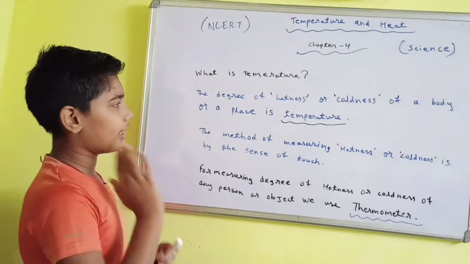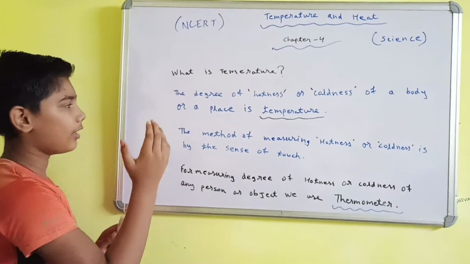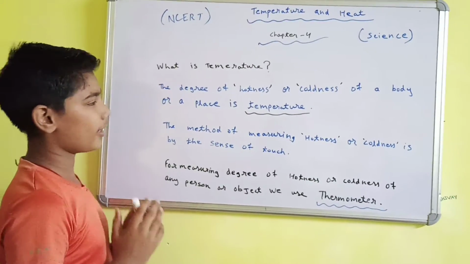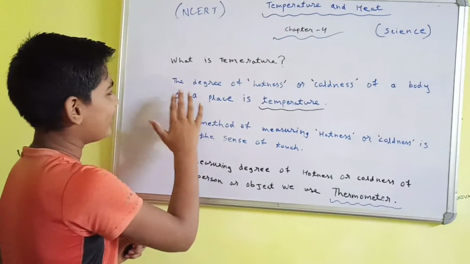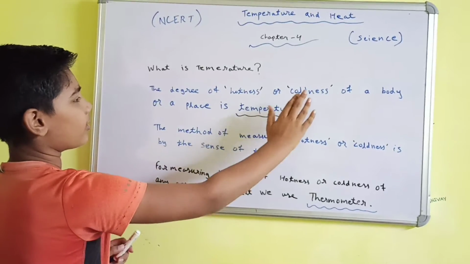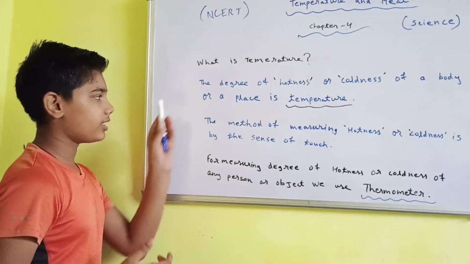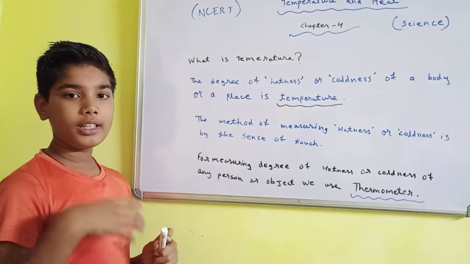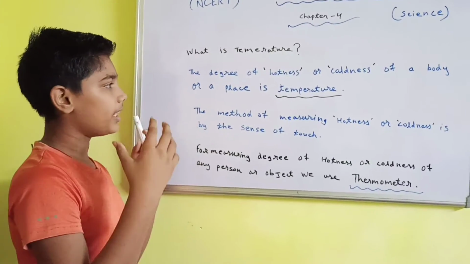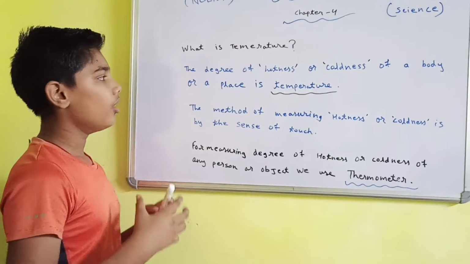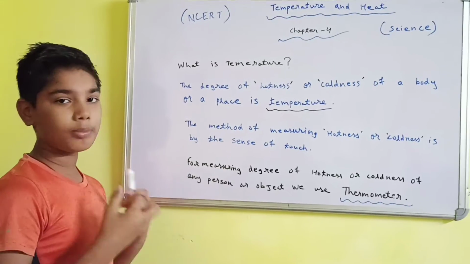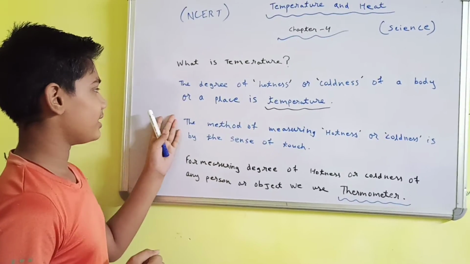Before starting, I would like to ask you, do you know what is temperature? The degree of hotness or coldness of a body or a place is temperature. So temperature means any object or any person which has hotness or coldness in its body, so it is called temperature.